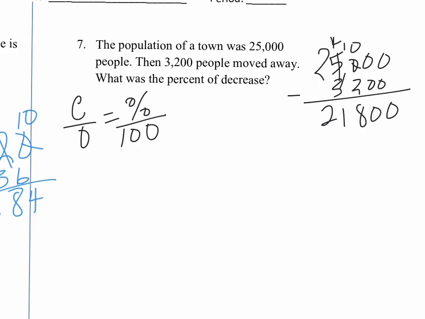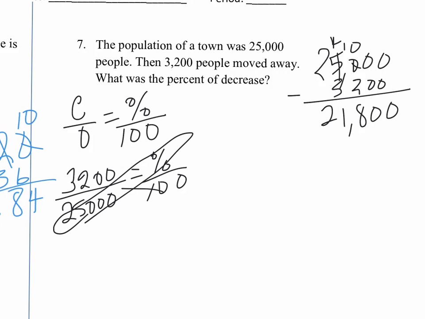You have 21,800 people that are still in the town. So the change, which was 3,200 over the original of 25,000, equal to the percent out of 100.